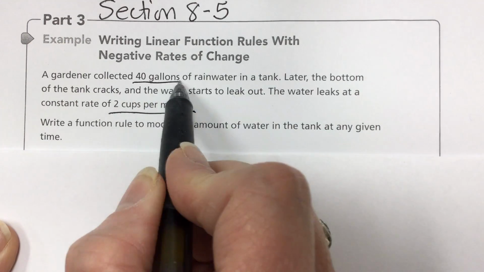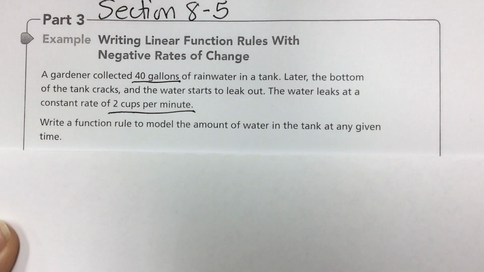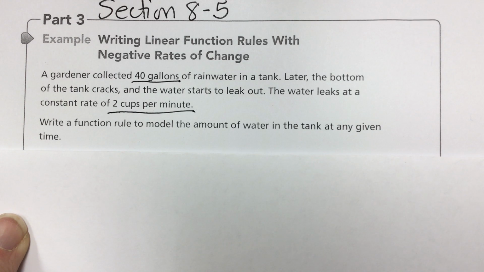So we got 40 gallons to begin with, and then the water leaks out at a constant rate of 2 cups per minute. Write a function rule to model the amount of water in the tank at a given time.